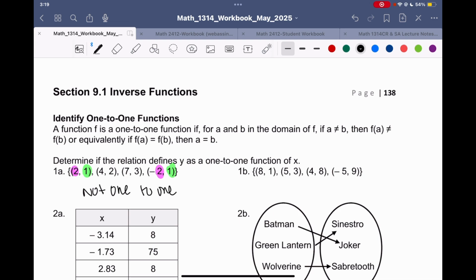In the next case, none of the x's duplicate and none of the y's duplicate. So this one is one-to-one. You can also say 1-to-1, the same thing.